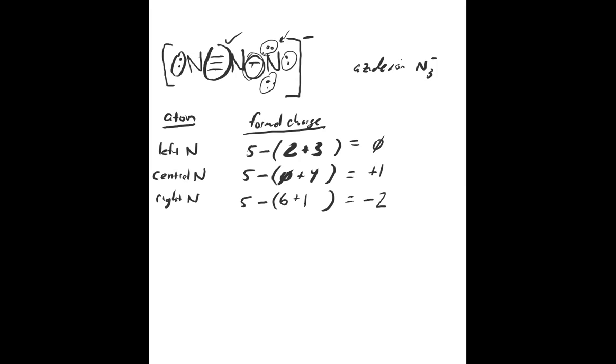In ALEKS, they don't ask you to evaluate or analyze this, but here's essentially what we're claiming when we do these calculations. We're claiming that when you draw this Lewis structure, these formal charges are essentially the charges of each atom in this structure.